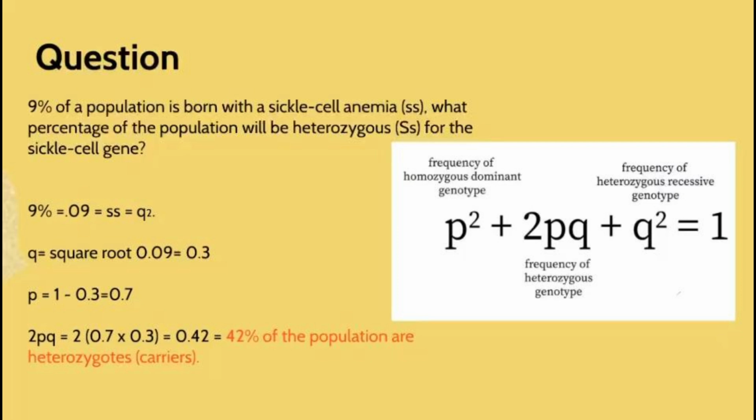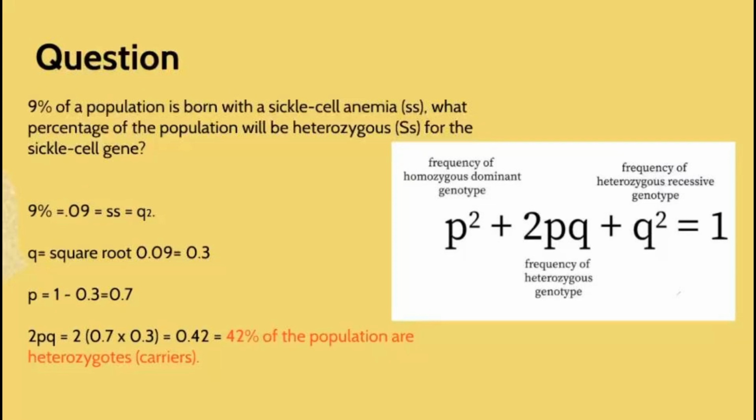And to work out what proportion of the population is heterozygous, we can use 2pq, which would be 2 times 0.7 times 0.3, which would be 0.42, which would be 42% of the population heterozygous for the sickle cell allele.